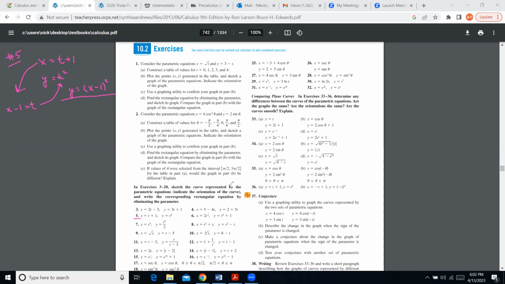They also say sketch a graph here, so I can graph a parabola that is shifted by 1 unit to the right, somehow like that. And that's definitely a much faster way to do the work.